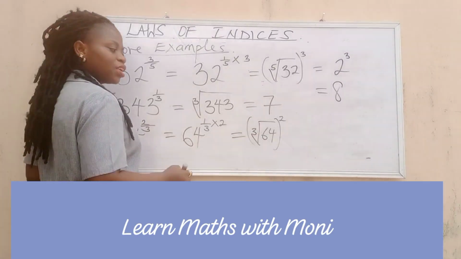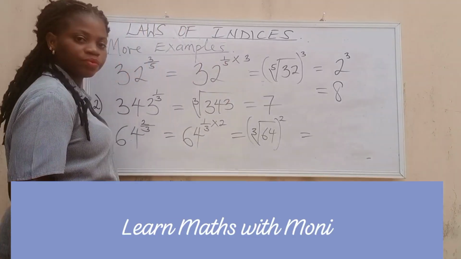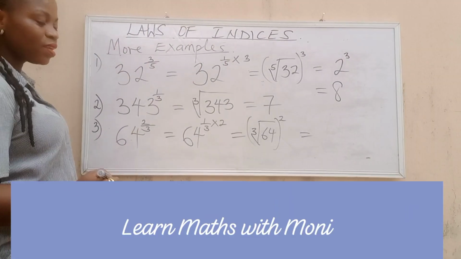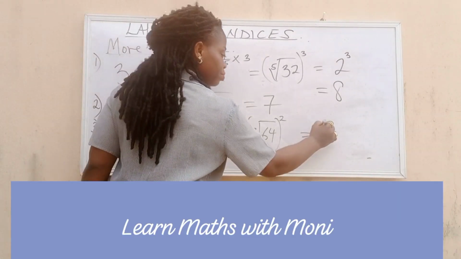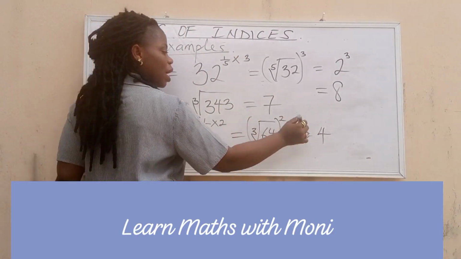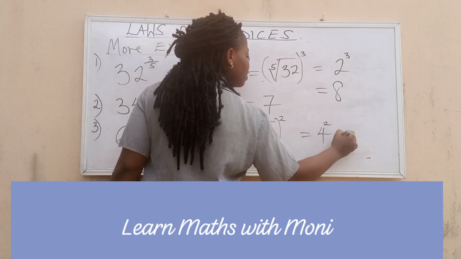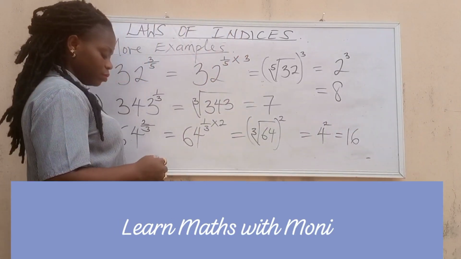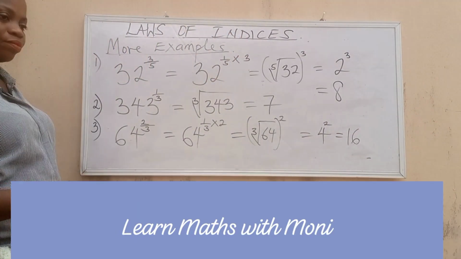What is the cube root of 64? I can hear you say that is 4. The cube root of 64 is 4. So it means we have 4 raised to power 2, which is 16.